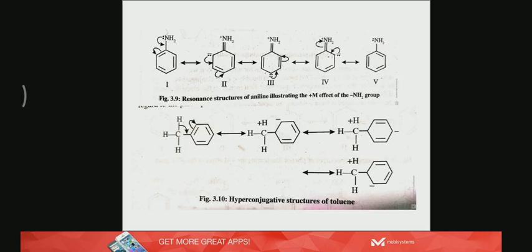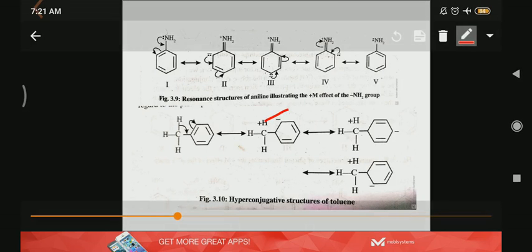Also in hyperconjugation, see, when you have an alpha hydrogen connected to a double bond, it has hyperconjugation. So it's also called no bond resonance. We have drawn 3 hyperconjugative structures, and here also you can see that negative charge appears at ortho para positions of benzene.